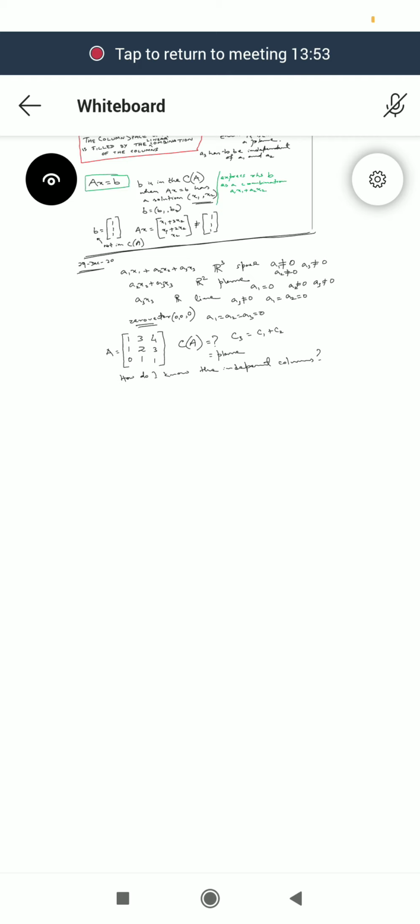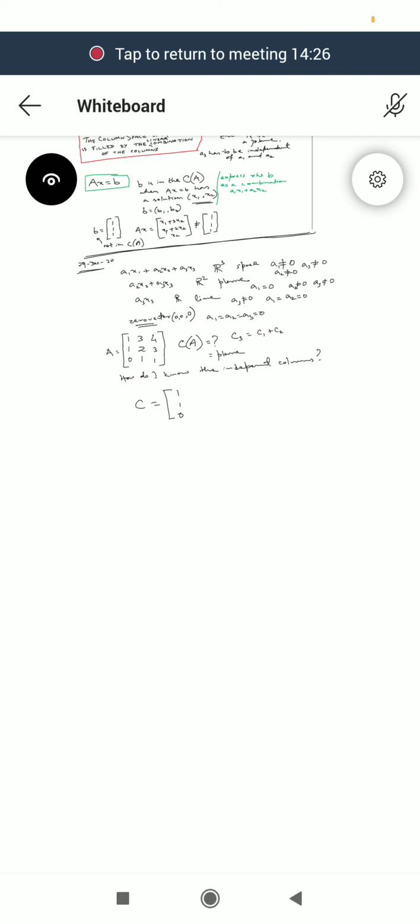Take the first column and see to it that not all of them are zeros. If not all of them are zeros, let us put them in the independent columns.